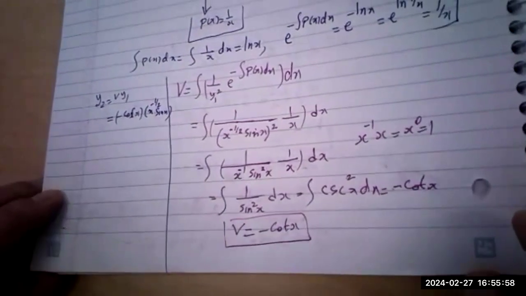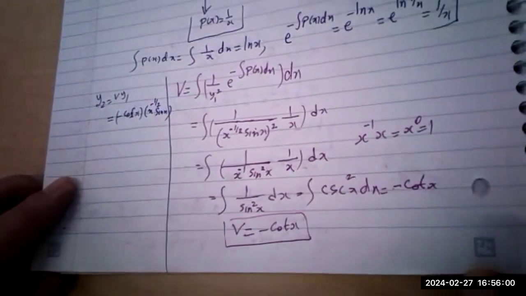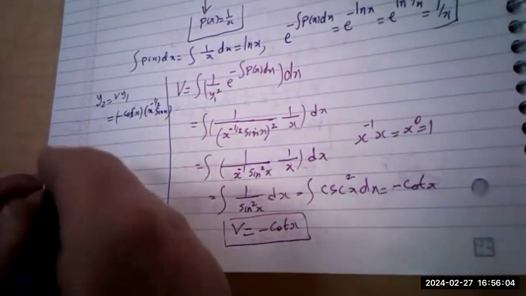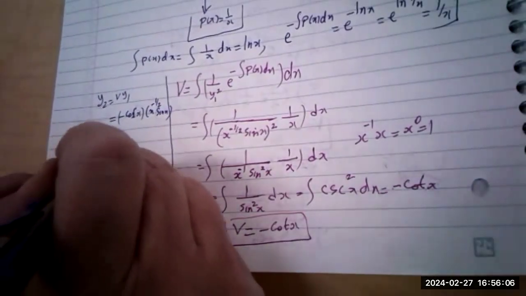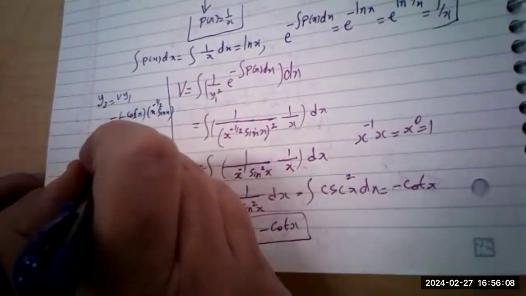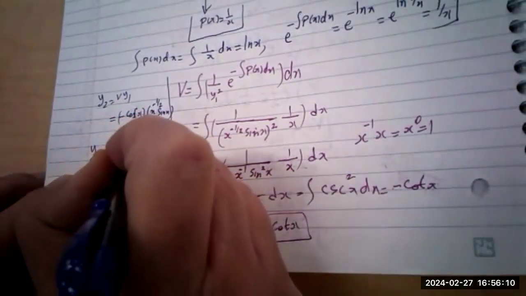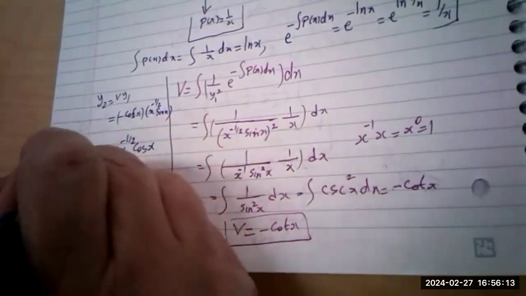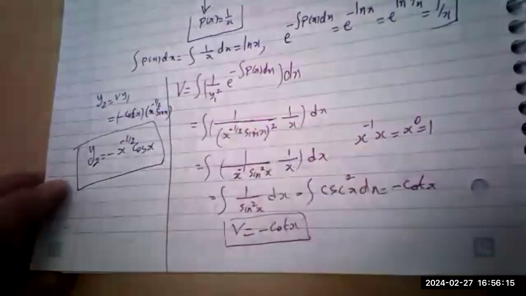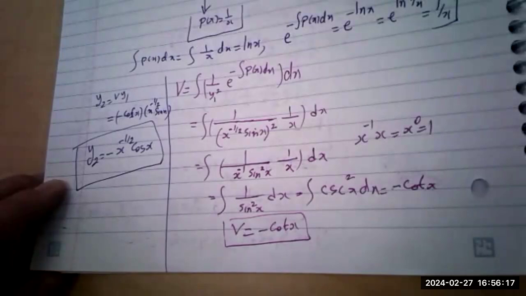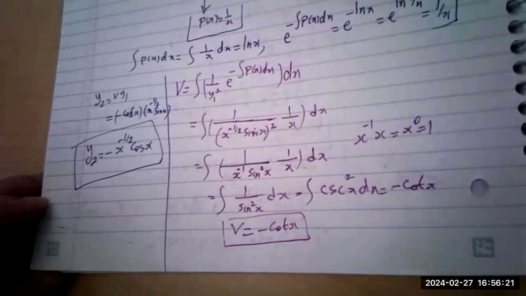You know that cotan is cosine over sine, so it would be simplified. So y2 would be negative x to the negative 1/2 cosine of x. This is the one. It's always the case. It's very famous that the solutions of this specific equation will be these two.